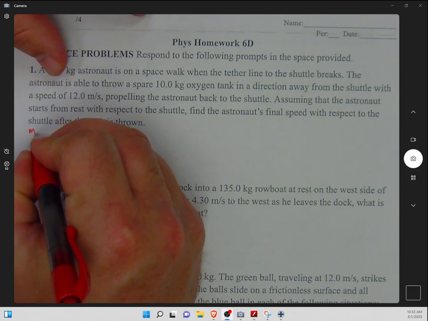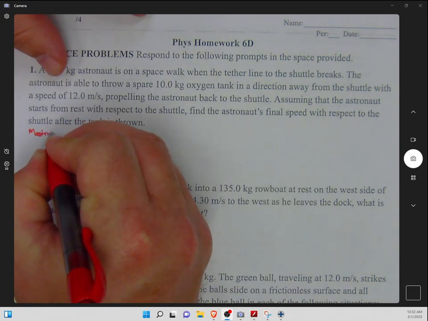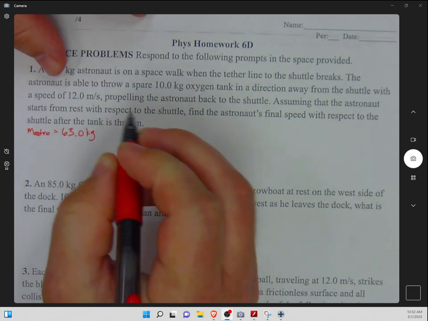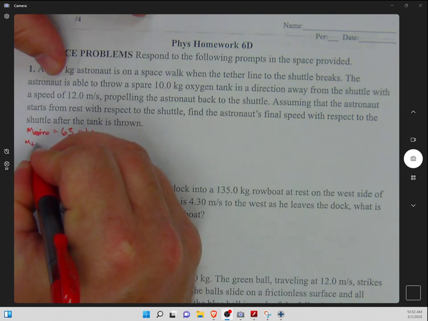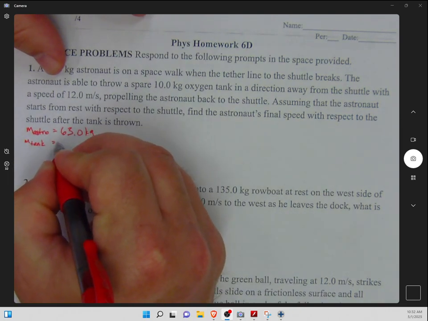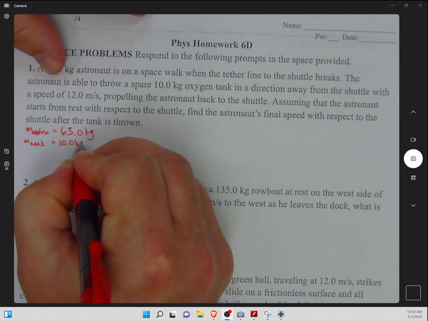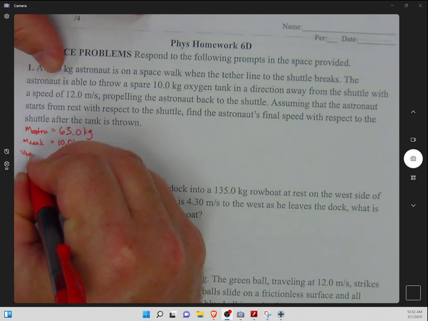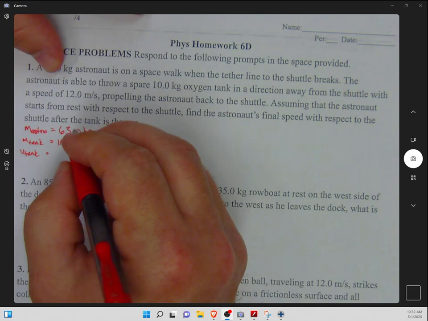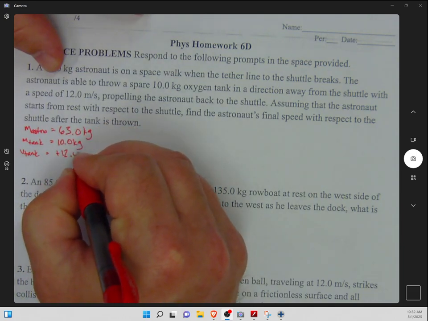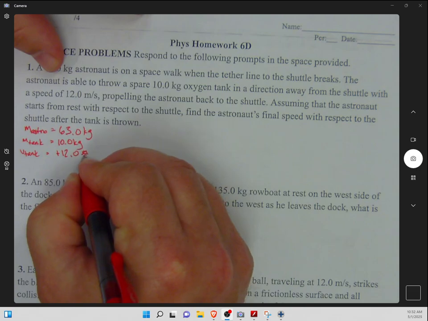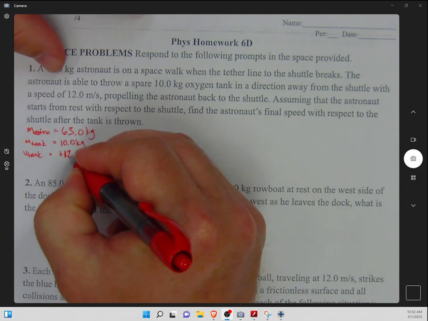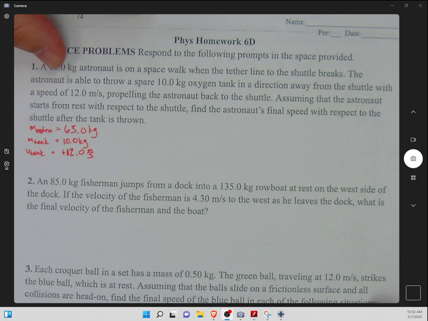All right, we have the mass of the astronaut coming in at 63.0 kilograms. We have the mass of the tank coming in at 10 kilograms. And we know that the velocity of the tank is going to be plus 12 meters per second. I've included a plus sign just so we can establish a frame of reference for directions there.